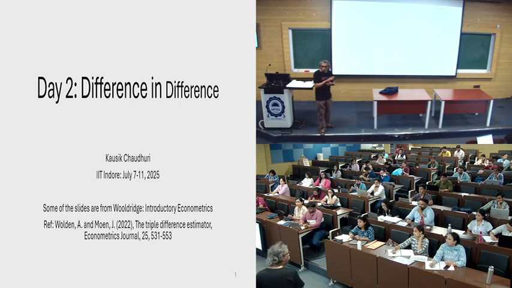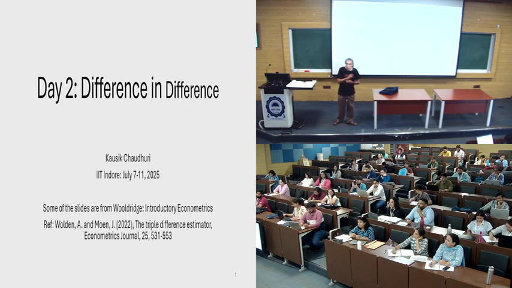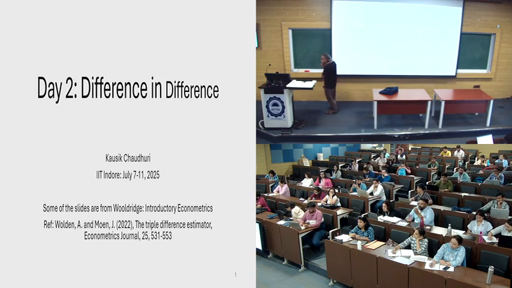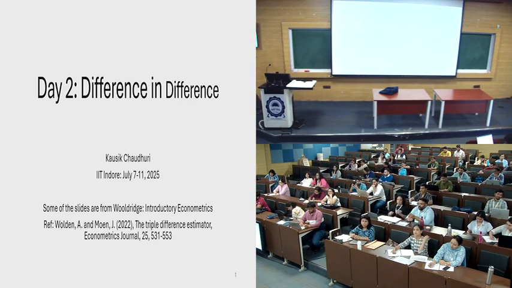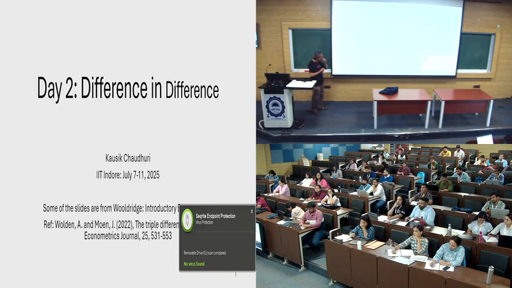I have no idea whether you have access to that journal over here, but I'll give you the paper which I have downloaded. Clear? Fine. So basically, it's a combination of the two: Introductory Econometrics and the paper by Olden and Moen on triple difference estimators.